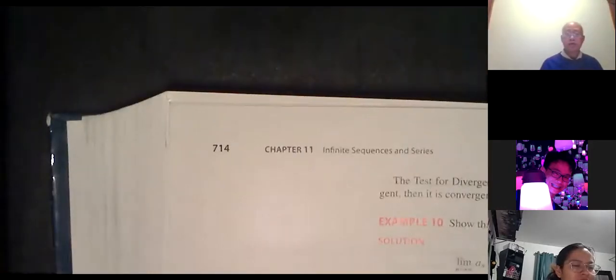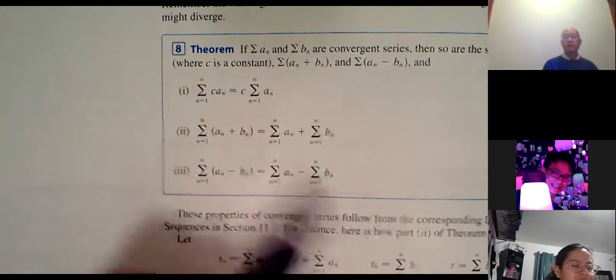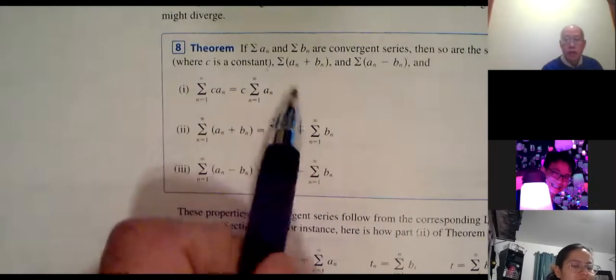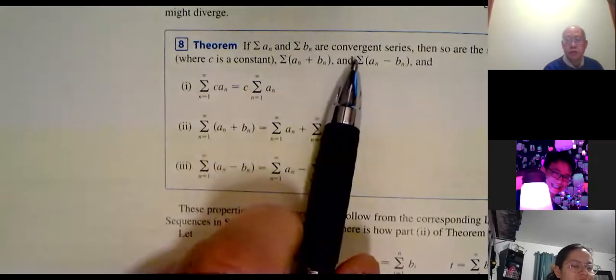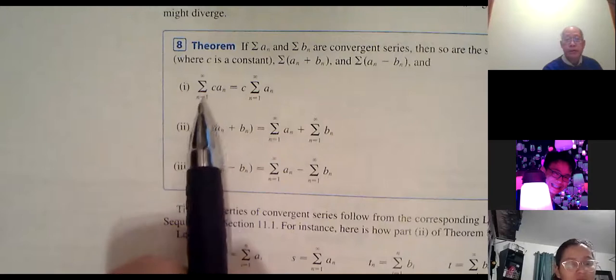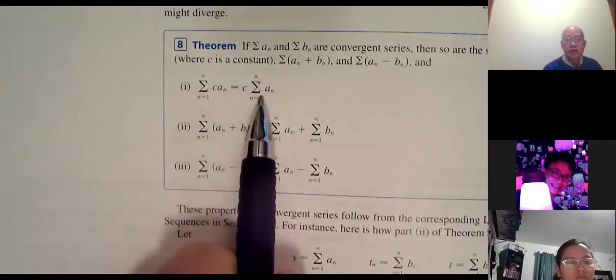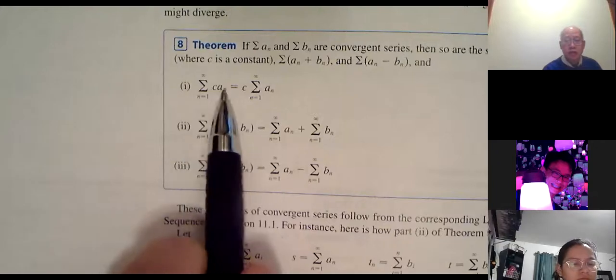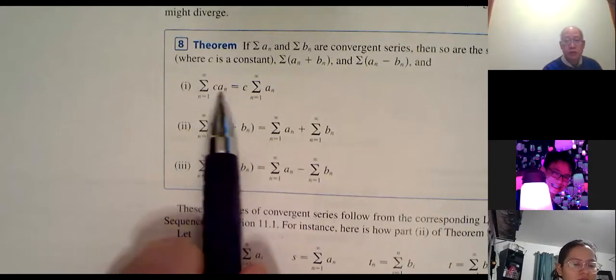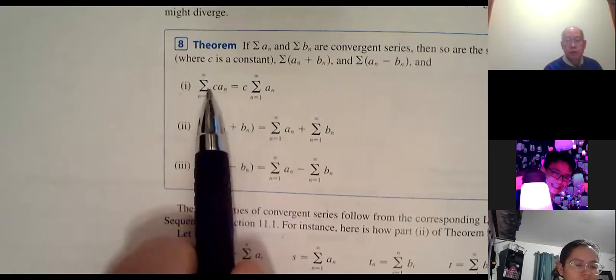Okay, 714, something new, but I think it is sort of intuitive. If you have a convergent series, the summation of c a sub n is c times the summation of a sub n. So if you have a constant times the terms of a series, you can just take the constant outside. Like all of these are multiplied by 2.